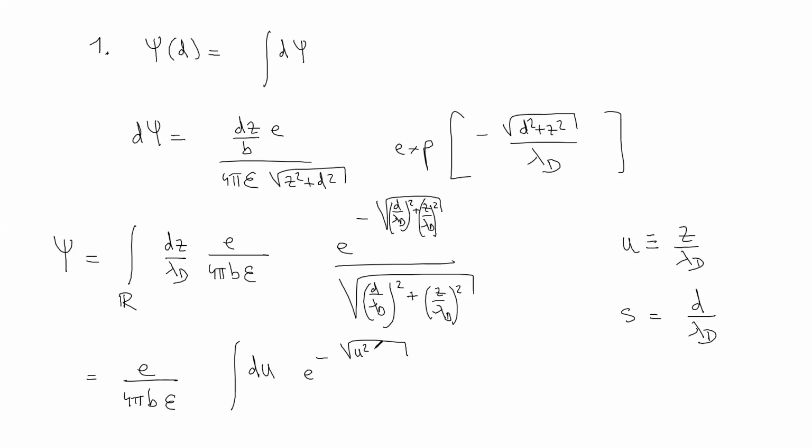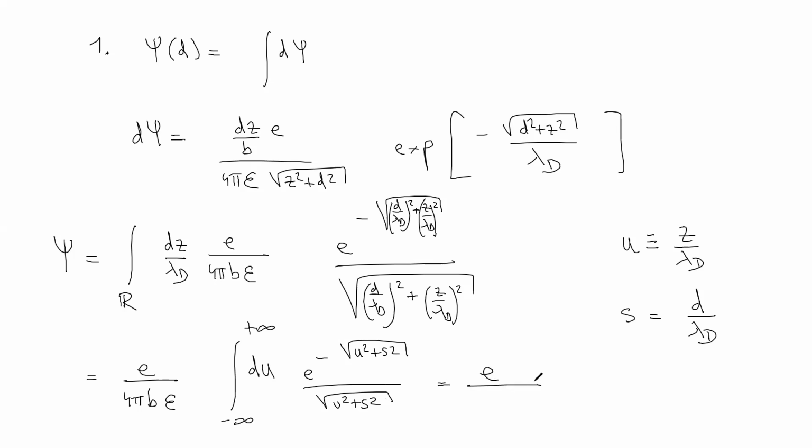Of u squared plus s squared divided by, well, in fact, let me add the bounds. Because this function is obviously a function that is even, pair en français, and thus there is a factor 2.